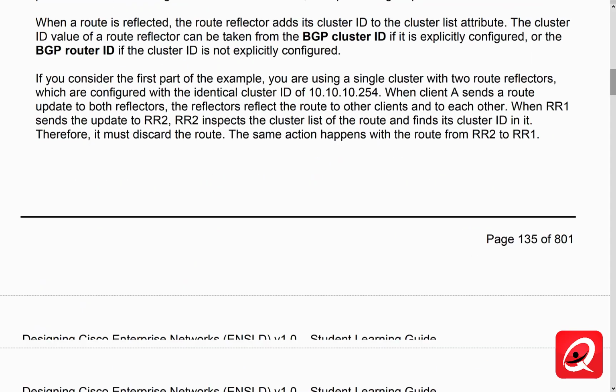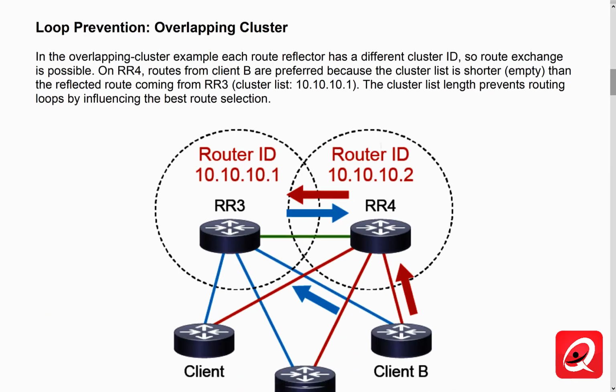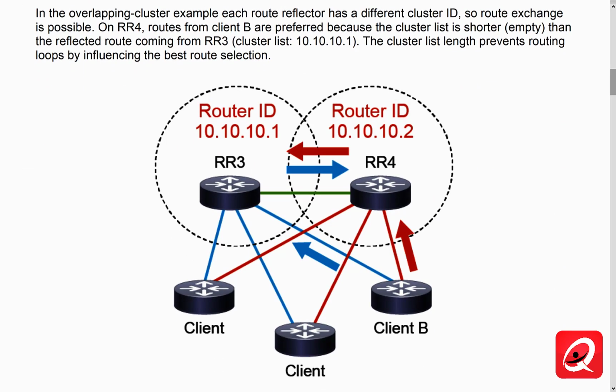All right. What if I had overlapping clusters? In an overlapping cluster scenario, each route reflector has a different cluster ID, so we can actually exchange routes between the route reflectors. On route reflector 4, routes from client B are preferred because the cluster list is going to end up being shorter.